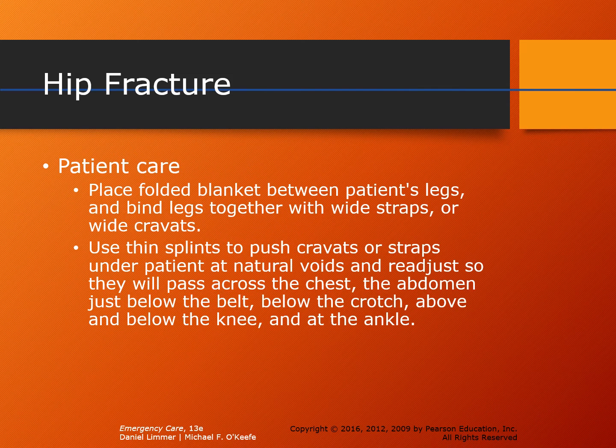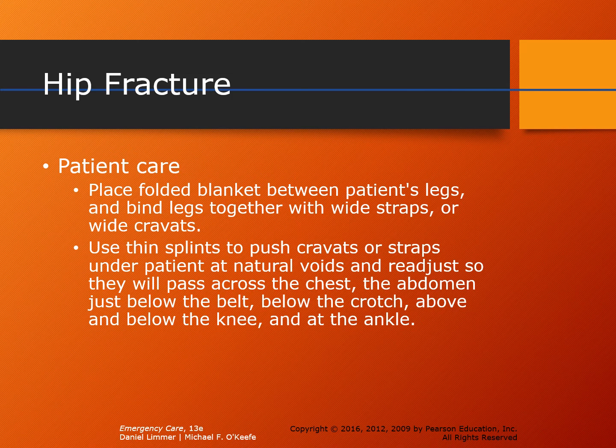Your patient care involves putting a folded blanket between their legs, and then binding their legs together with wide straps or with wide cravats, or using one of the commercially available devices to limit the movement of the hip. Use some thin splints. Boy, that's a mouthful. Say that 5 times fast.